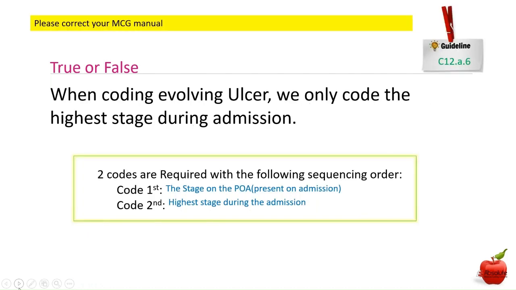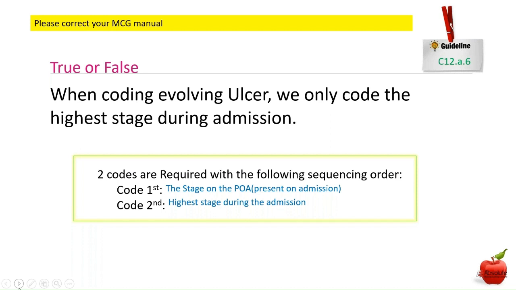Okay, I've seen someone saying they don't understand that very well. I will repeat again. If the patient is admitted with, for example, a stage one ulcer that is present on admission, and later on after the admission the stage of the ulcer evolves to stage two, then in such scenarios we will be coding two codes.